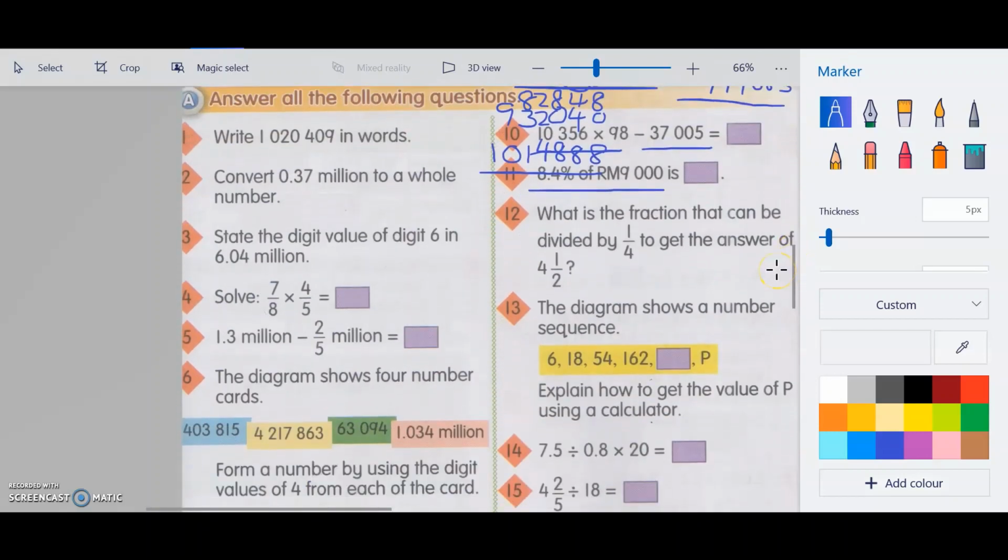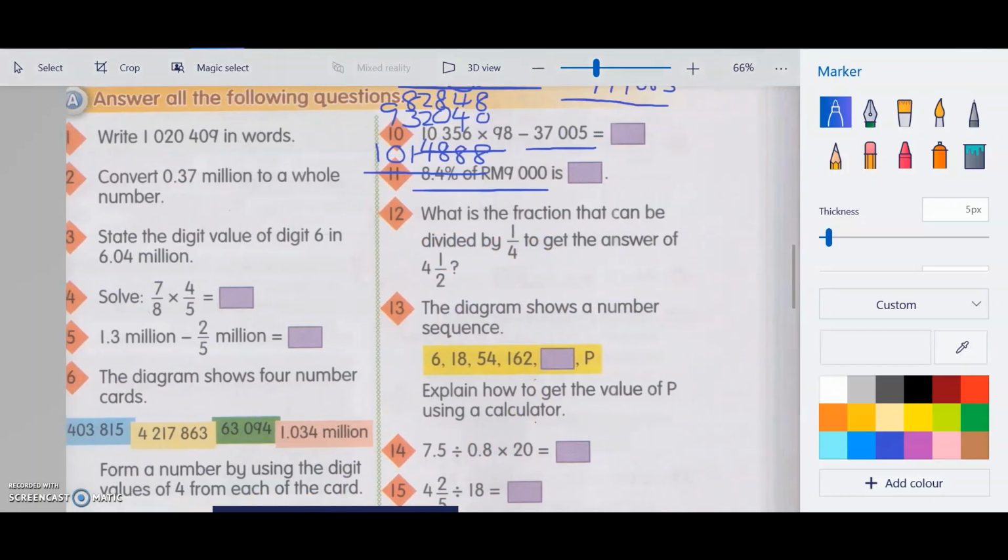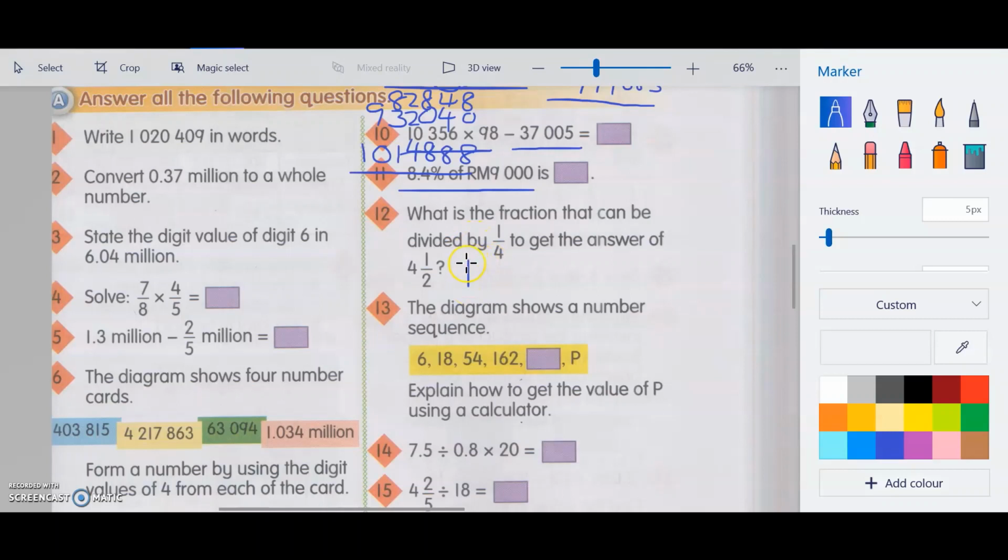Question 12. What is the fraction that can be divided by 1 over 4 to get the answer of 4 1 over 2? To find the unknown, you times the last two numbers.